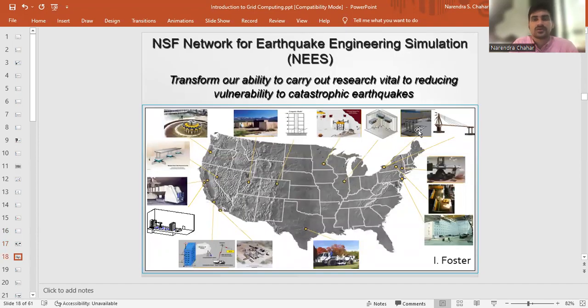Now we talk about NEES. NEES is the NSF Network for Earthquake Engineering Simulation. If we have an earthquake at any place, how can we define that?